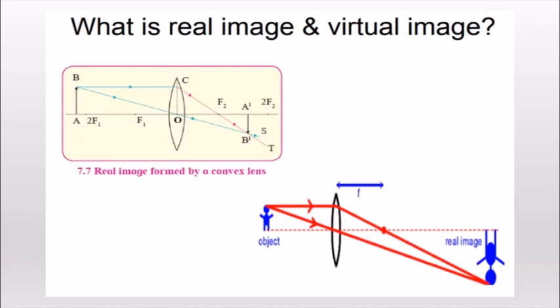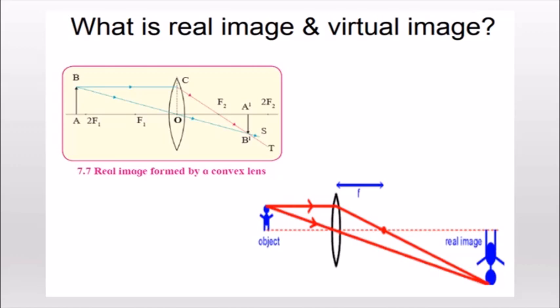Now the ray BO starts from B and passes through the optical center O of the lens, and it goes along the OS without changing its direction because it is passing through O. The second ray goes without changing its direction. It intersects CT, as you can see, both are joined together at a point that is B dash.